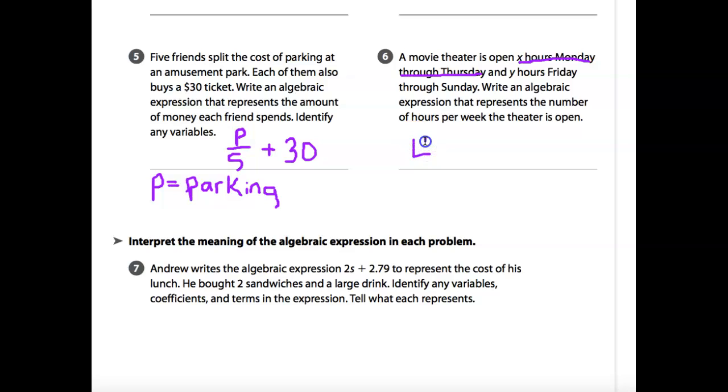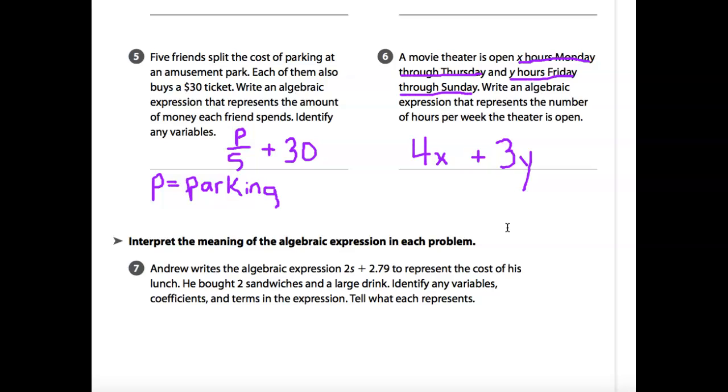So we've got 4 days at X hours. Okay, and then we add the weekend hours. So Y is the weekend hours, Friday through Sunday. So Friday, Saturday, and Sunday, that's 3 days at Y hours. So there's our expression, 4x plus 3y.